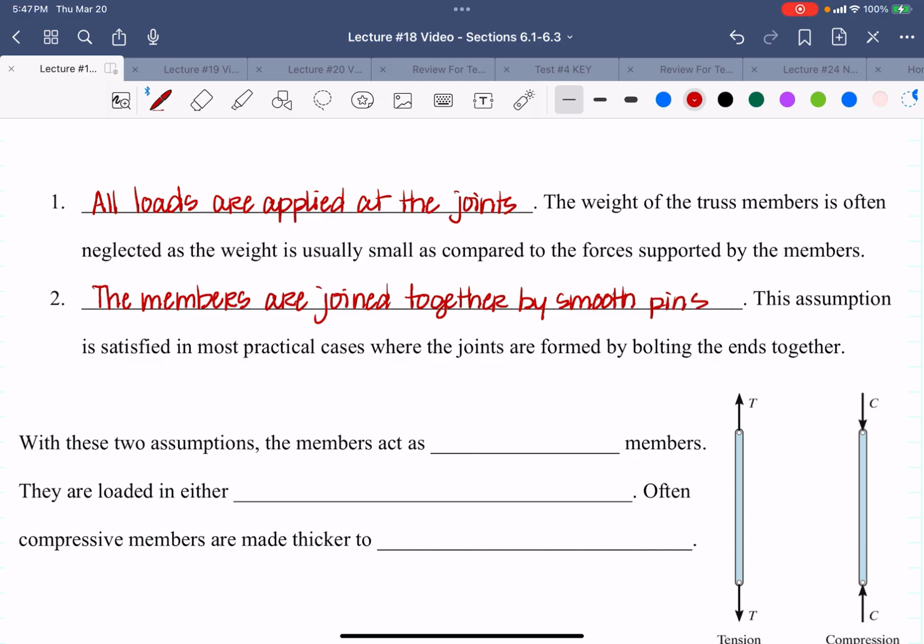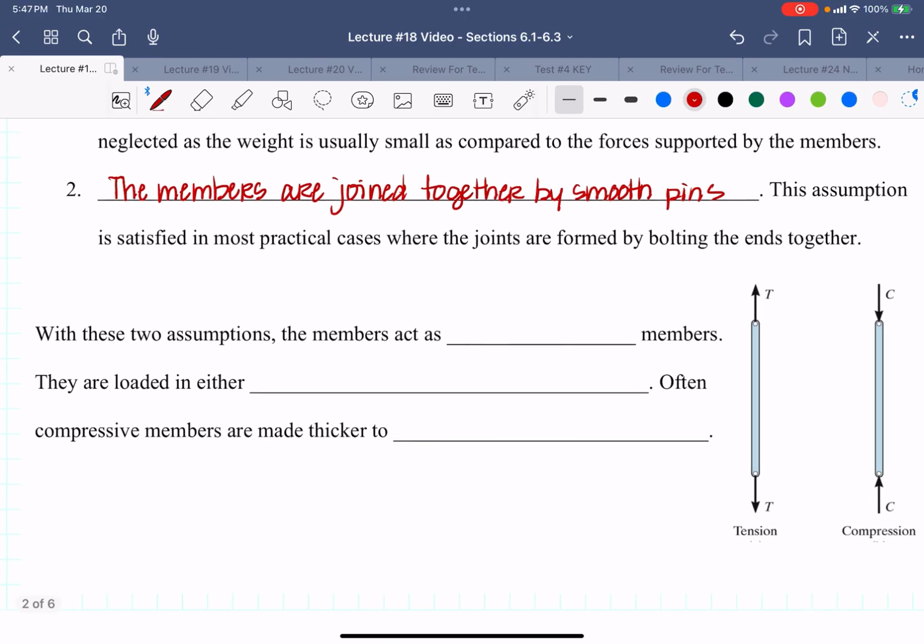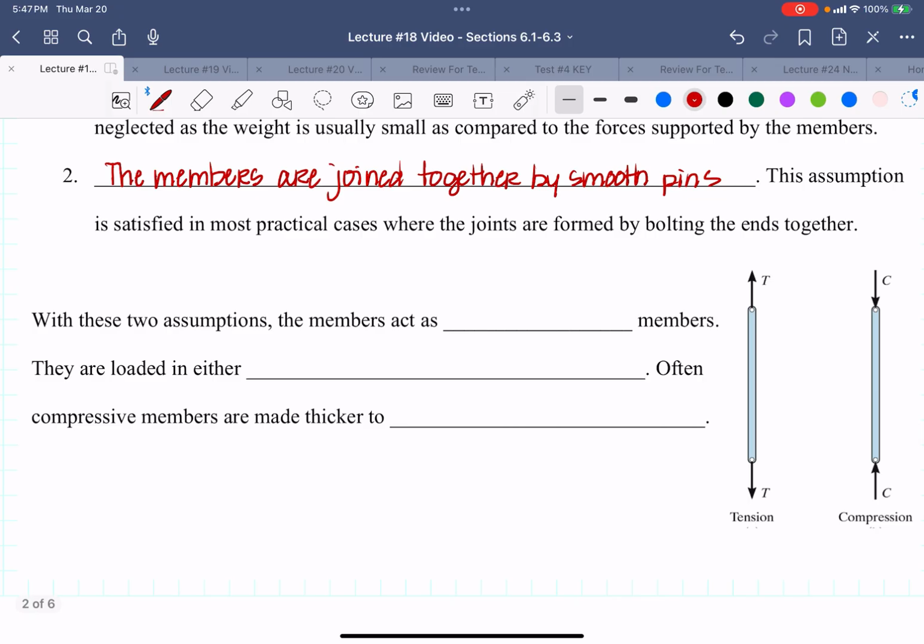So this happens in real life when the joints are formed because we bolt the ends together. So that's a real life assumption that is typically safe to make.